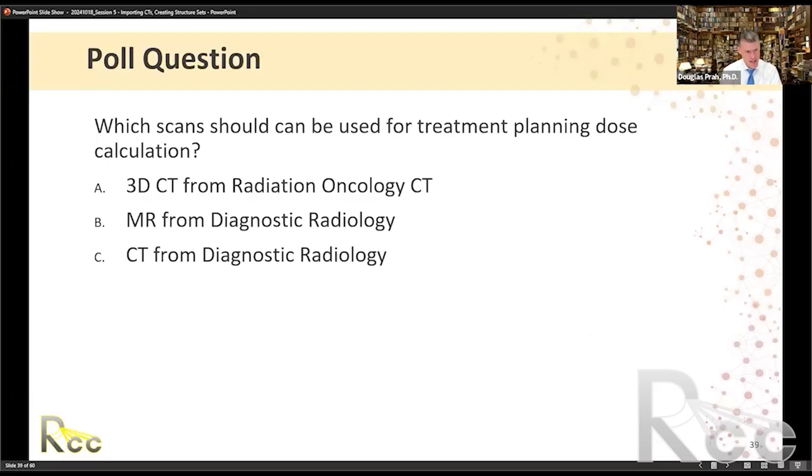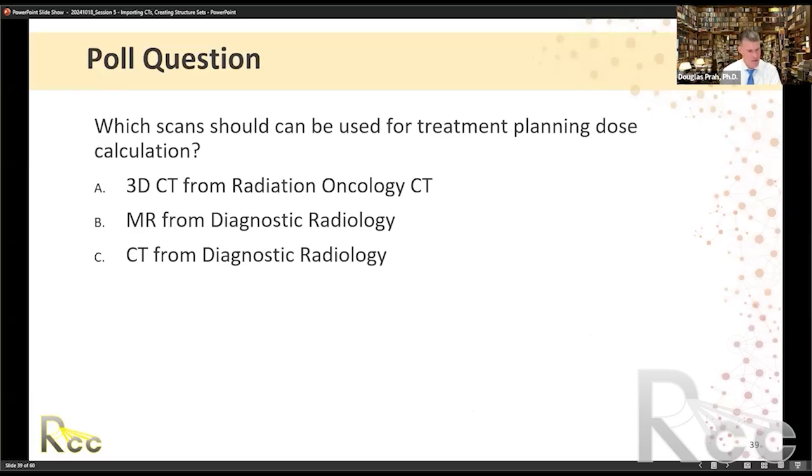Unless you know something about the CT scan from diagnostic radiology, like it's a shared CT unit, if it's coming from a radiology department and I don't have any idea what the CT to ED curve looks like from that CT scanner, I should not be using that.